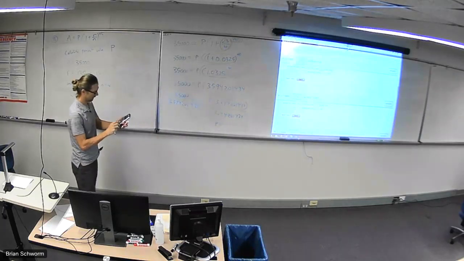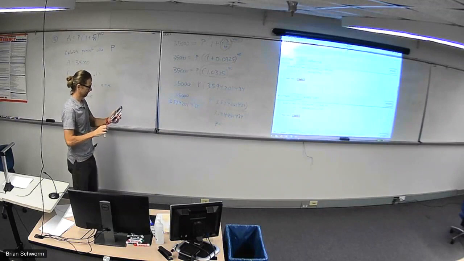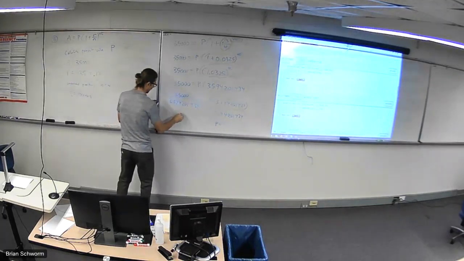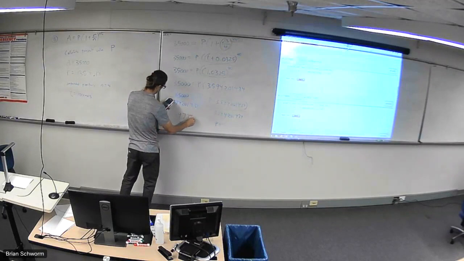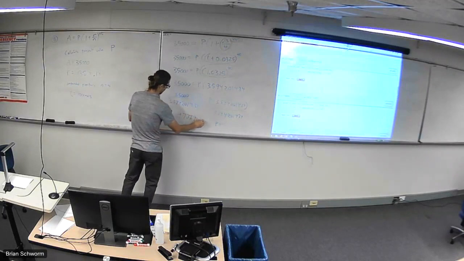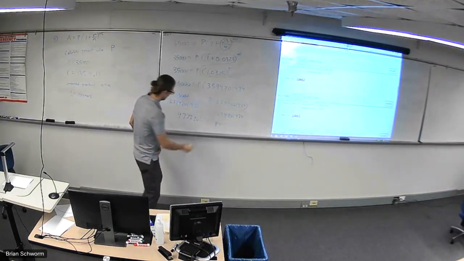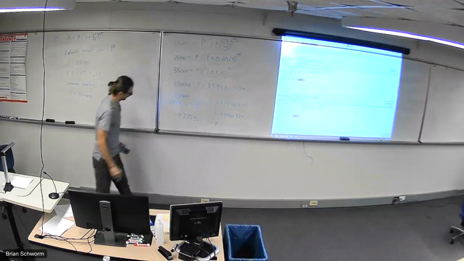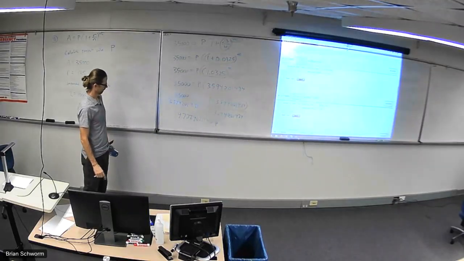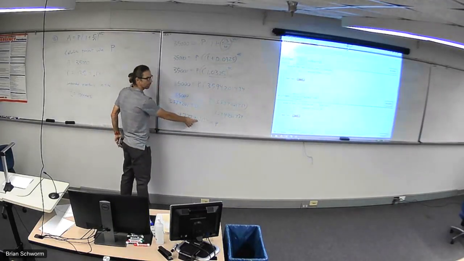We're going to divide over here. 35,000 divided by that is 9,737.90719. Round that to the nearest second decimal place.